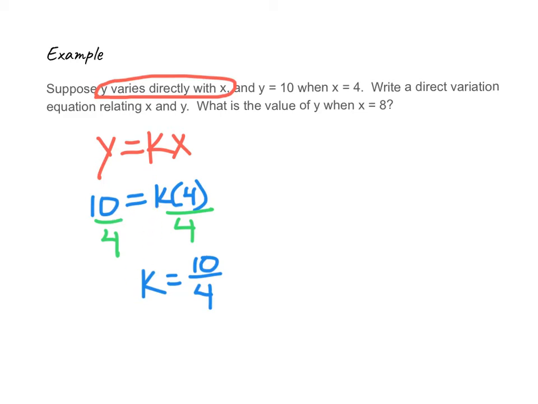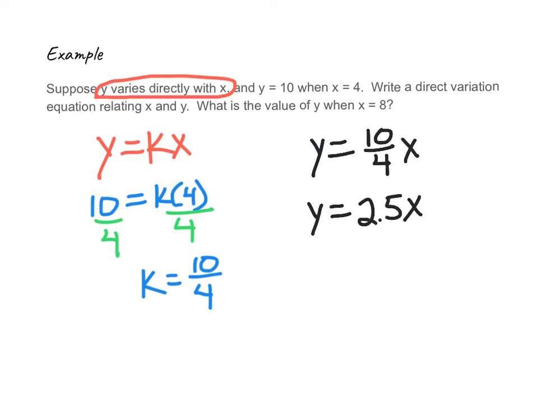So now I know that in my direct variation equation, y equals 10 fourths of x, okay? Now, 10 fourths is an improper fraction, so I'm going to go ahead and divide 10 by 4, all right? And when I do that, we get 2.5. So now it says y equals 2.5x.